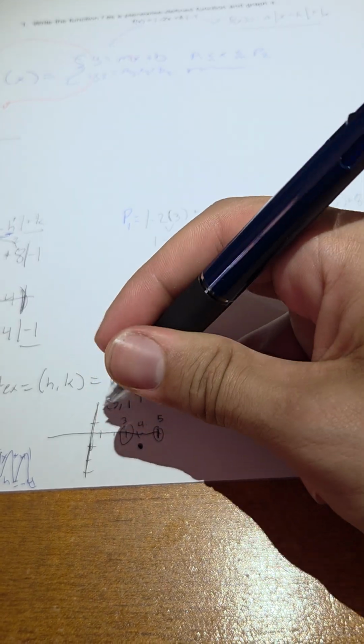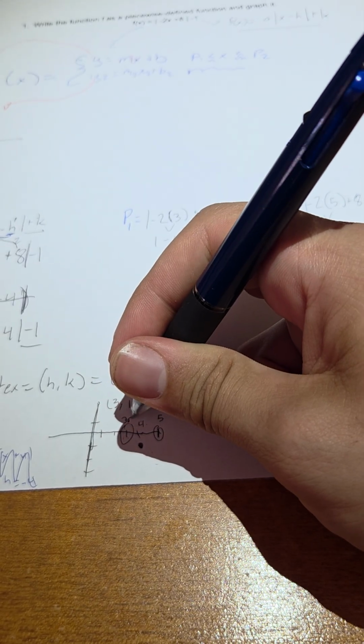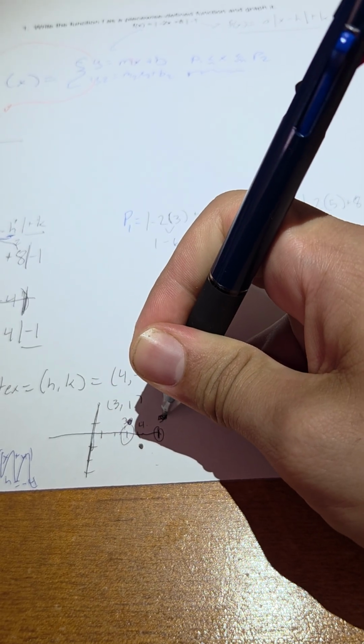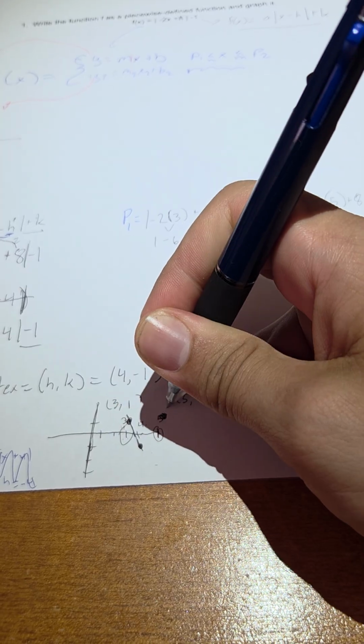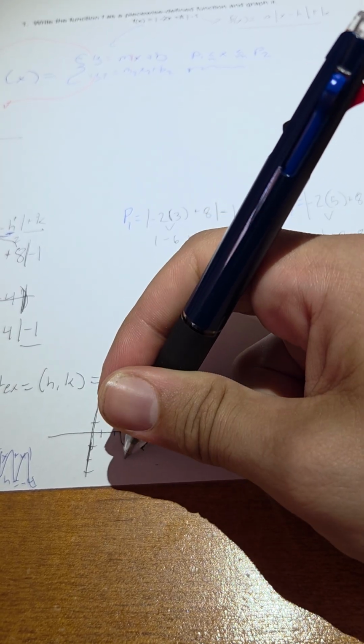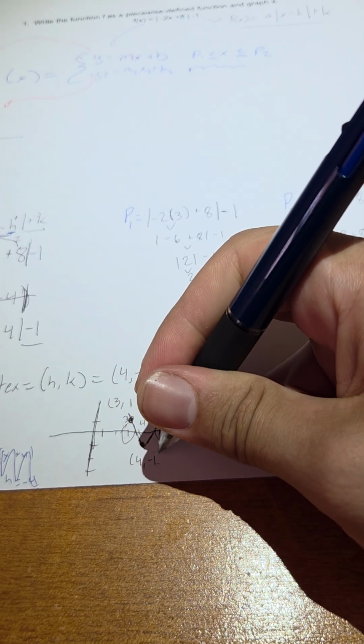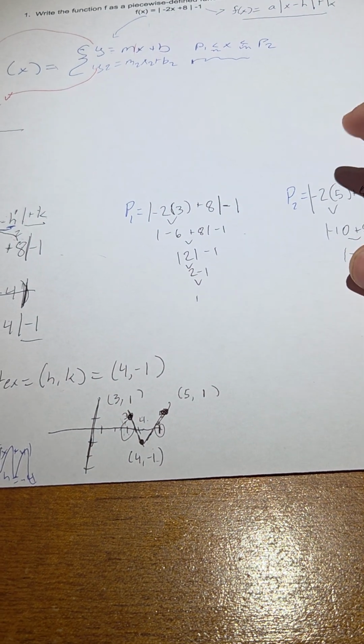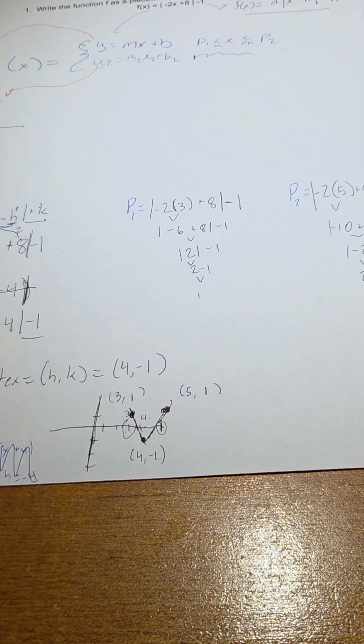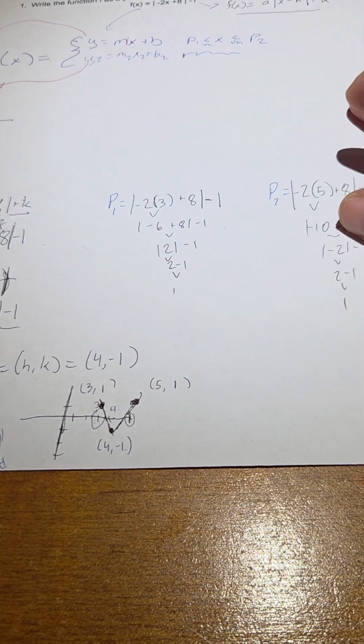So now let's say we plot it right here. All right, and then this is our vertex, which is 4 comma negative 1. Okay, awesome. So we have our graph here. Now how do we get our equation?